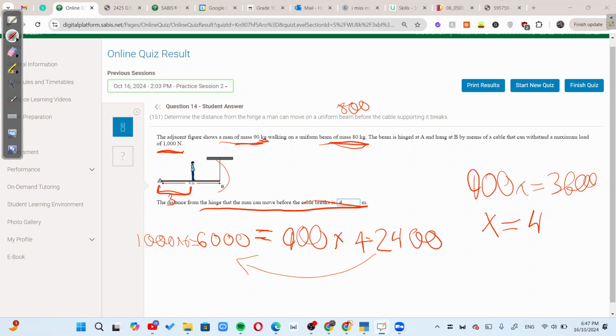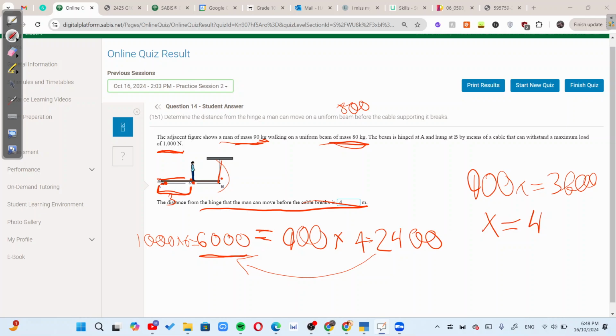So again, what we did is we found the clockwise and the counterclockwise moments. The tension is going to make a moment of magnitude 6000, and your man is going to make a moment of his weight times a distance. We don't know this distance yet. We need to know what distance he can move from point A until the cord breaks, so we put the distance as x.